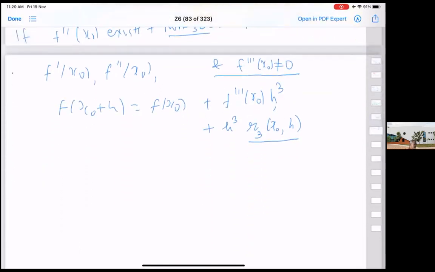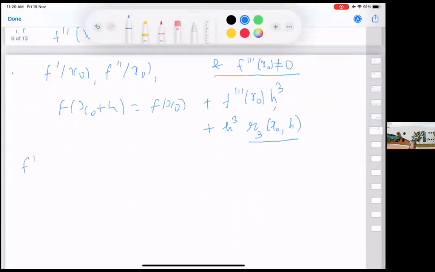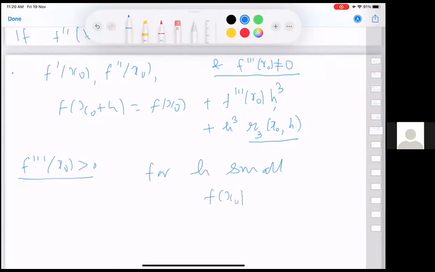So suppose this is positive, then this is how one says that for h small, f x0 plus h is greater than or equal to f x0, because f triple dash x0 is positive.